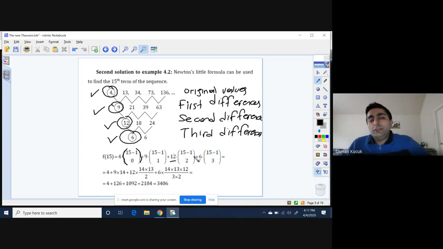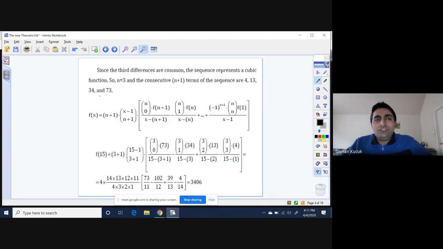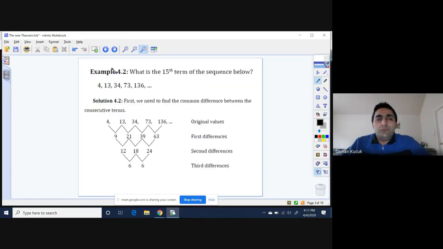When you calculate all of them separately and add them up, you will get 3,406. That is the method everybody knows. The method I mentioned, let's solve the same question with the formula I mentioned.